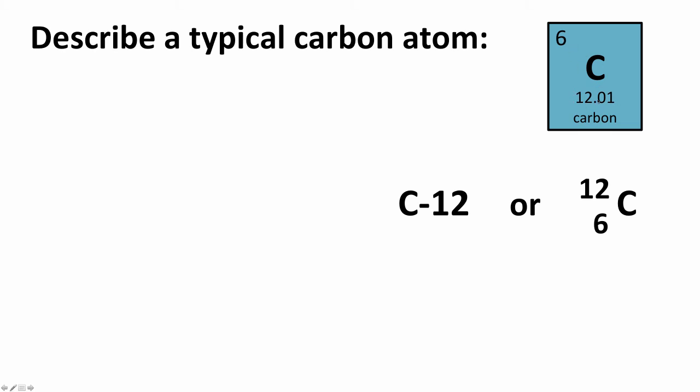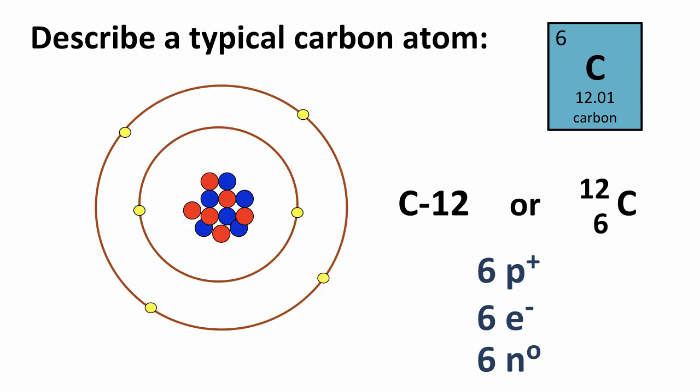And a typical carbon atom will have a mass number of 12, very close to the 12.01 atomic mass. And so it's going to have 6 protons, 6 electrons, and 12 minus 6, which is 6 neutrons. And it might look something like this, with a red sphere here representing a proton, a blue sphere representing a neutron. We have 6 of each in the nucleus. And then yellow spheres representing electrons.